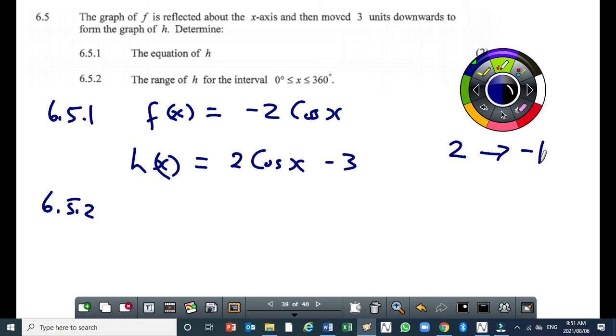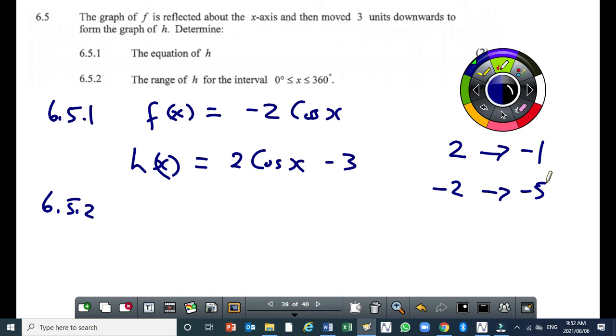Because the maximum value of y equal to 2 cos x is at 2. What's the minimum? You are starting from minus 2. Okay? The minimum value of y equal to 2 cos x is negative 2. You move 3 steps down. Minus 2 minus 3 will give you what? Minus 5. So the maximum value moves from positive 2 to minus 1.